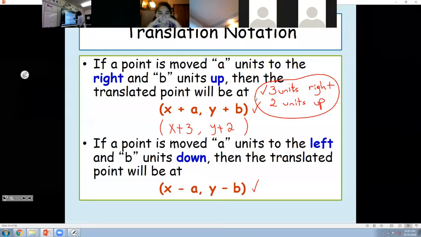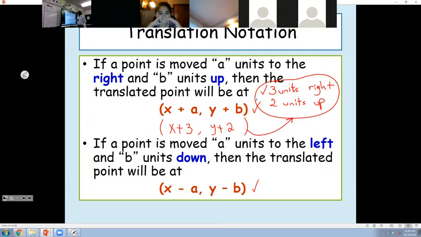All right? You can either write it like this or you can put a sentence like this. Either way is okay. Some textbooks use this one, 3 units right and 2 units up. Some textbooks use translation notation. If you write it like this, it is called translation notation.